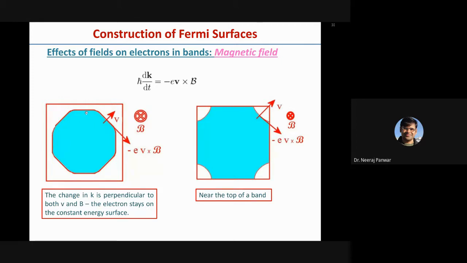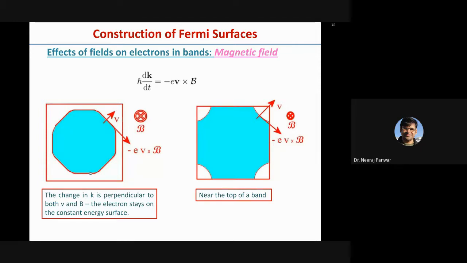If the Fermi surface is lying in the first Brillouin zone, the part which is very close to the zone boundary will get distorted. So this portion has been distorted, and this portion, and this portion, because of their proximity with the zone boundary.